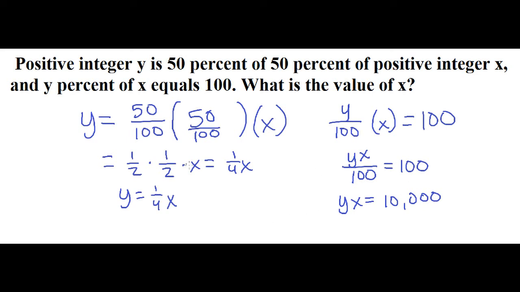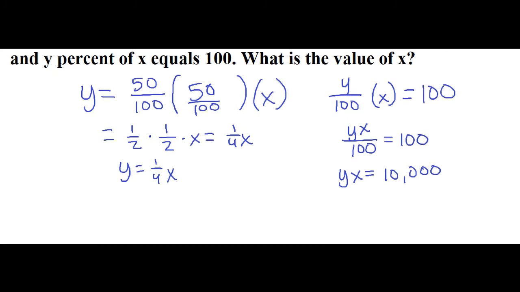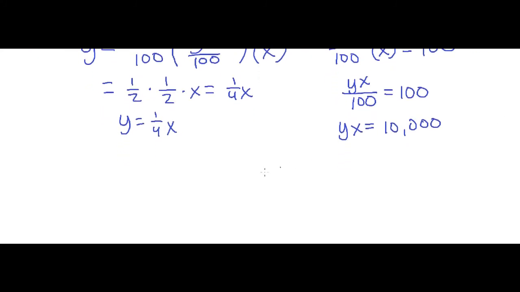Okay, so from here we have two equations and two unknowns. There are a couple different ways to solve these problems. I think in this case the easiest is to fill in y from here into this equation. So plugging in 1/4 x for y, I'm going to get 1/4 x times x equals 10,000.